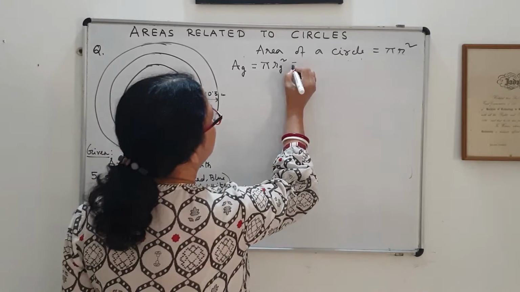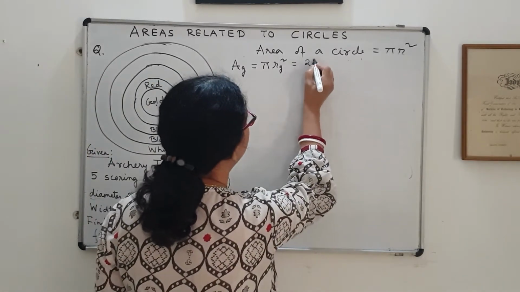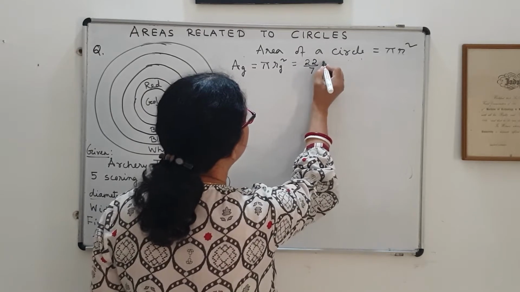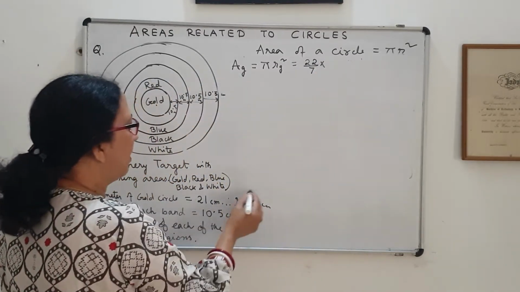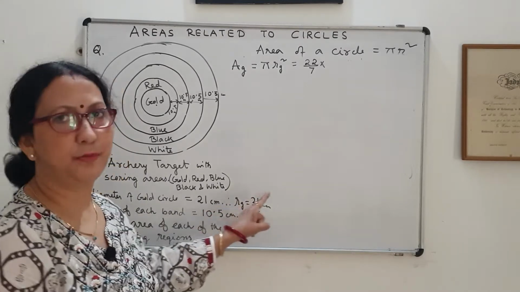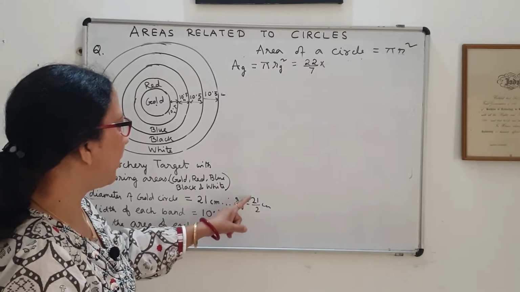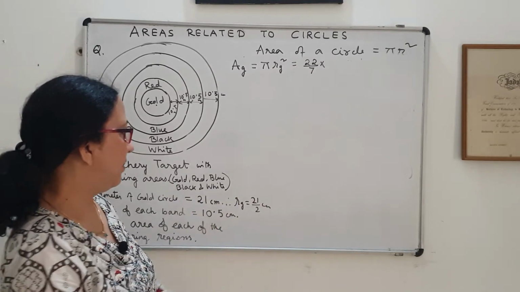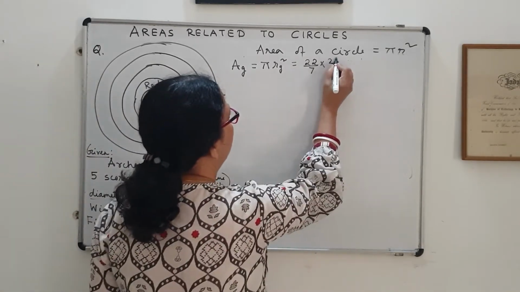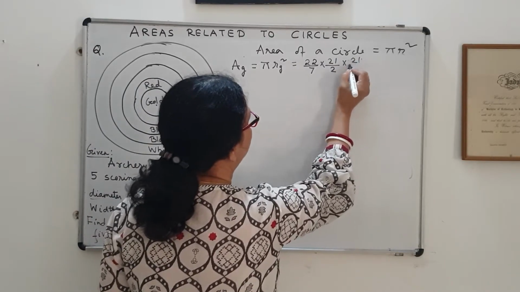So, I write it here pi, because 21 is a multiple of 7, so I will be taking pi to be 22/7. Then Rg is 21/2, I will not bring it in decimal, I will keep it in fraction form. And I will not square it, I will not write 441/4, but I will write it in factor form. So, Rg square means this into this, in this way I will write.